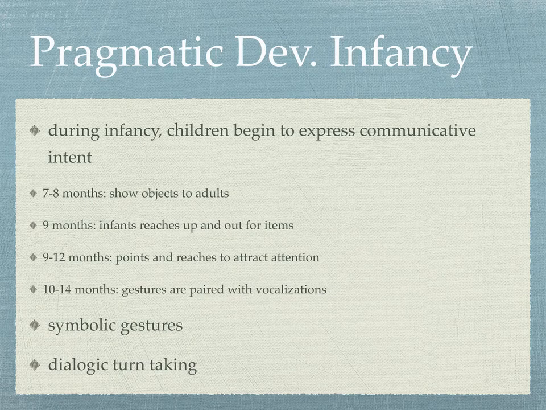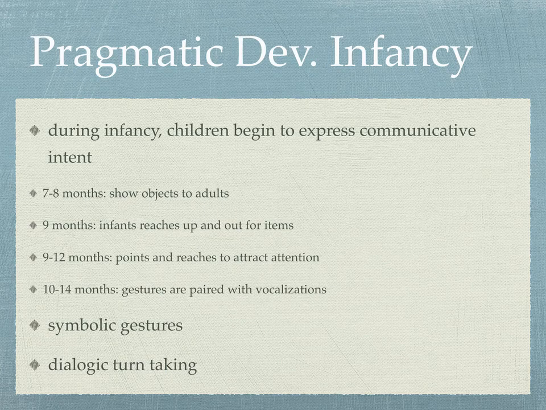They'll hold it up to them. And our natural reaction is to say, oh, do you have, and communicate back with them. At 9 months, infants reach up and out for items they're wanting to grab. They want you to bring those into their world. At 9 to 12 months, they can point and reach to attract attention.